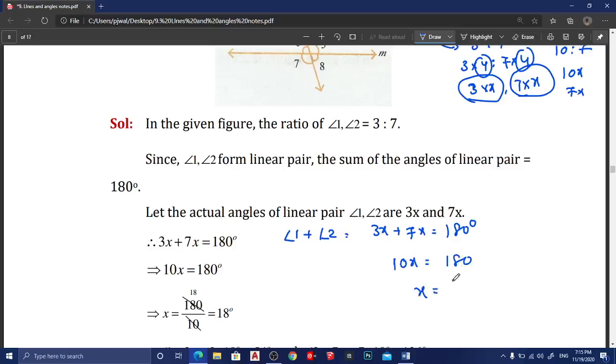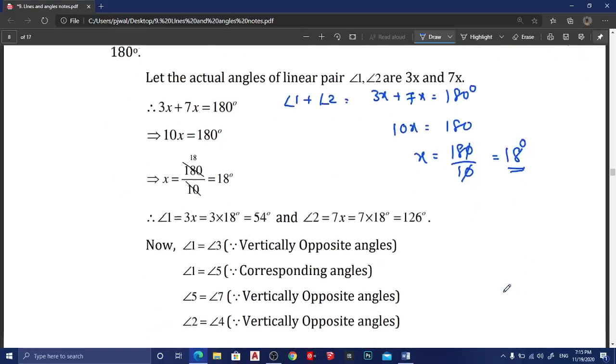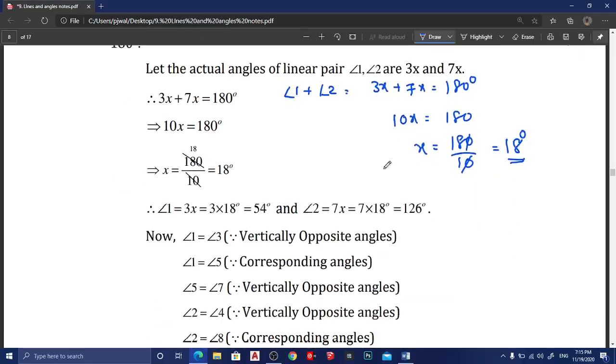X is equal to 180 by 10. Cancel this, you will get actual common factor of these two numbers, which is 18 degrees. So just we assumed that this is 4, but it is 18, the actual value. So now you can find out the angle values by multiplying this x value with the 3 and 7. So what will be the angle 1 here now? 3x, which is 3 into 18, 54 degrees.